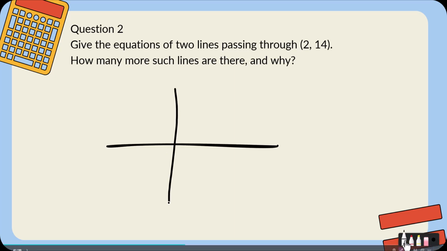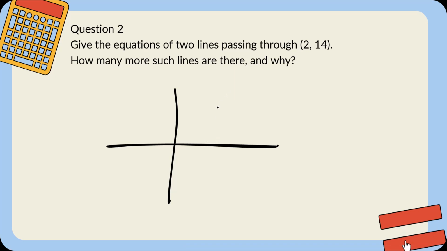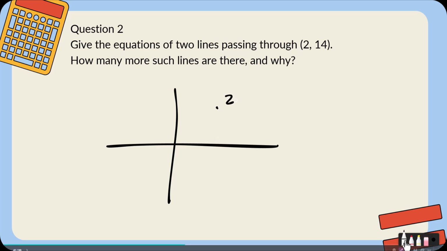How do we create an equation based on that? Very simple. Let's try to do one. So let's say this is 2, 14. We have infinite lines. You can draw it and show it. There can be infinite lines passing through that point. But we need to get 2 and 14. How do we get 2 and 14? If we compare what is happening, x is equal to 2. What is the relation between that and y?